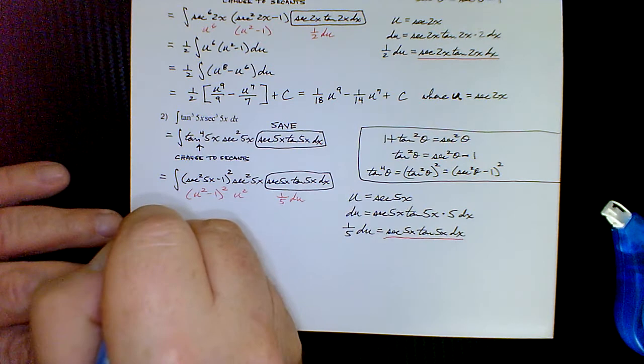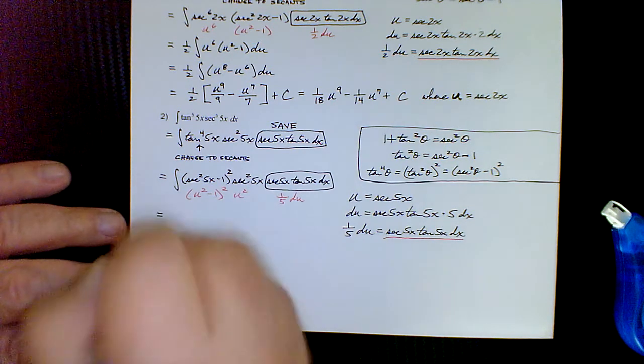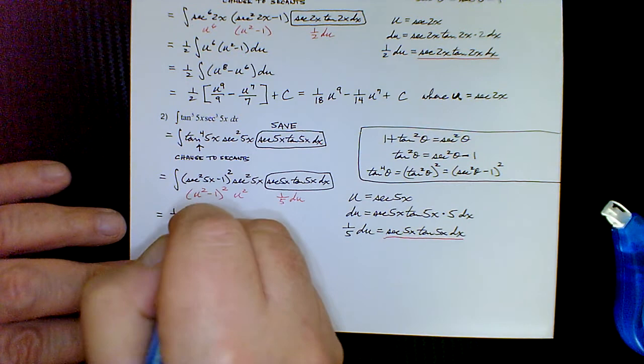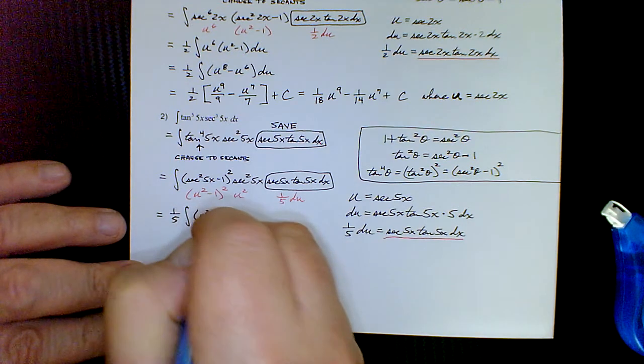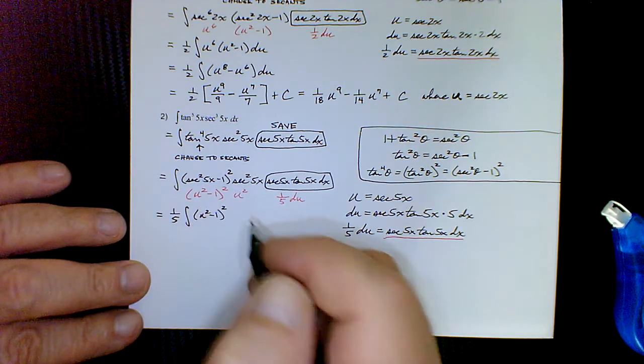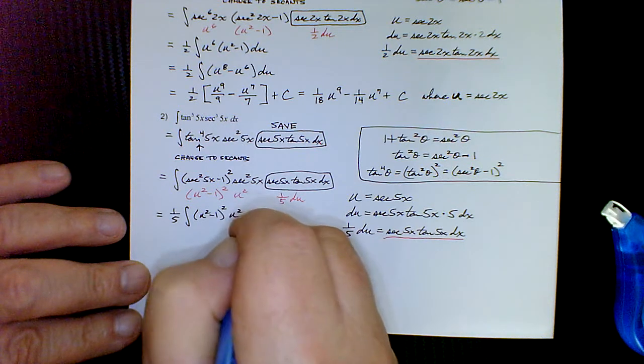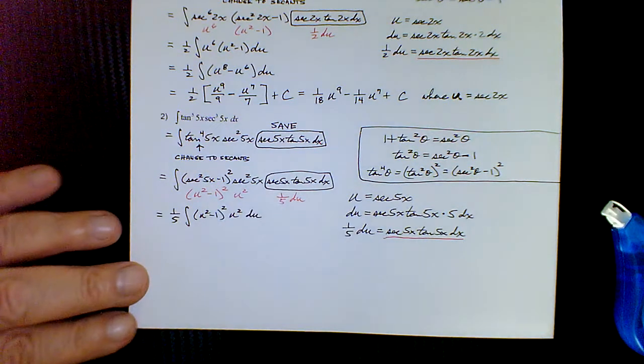We're ready for the change of variables. Bring out the 1/5 integral. Then we have u squared minus 1 as a quantity squared times u squared and the differential du.